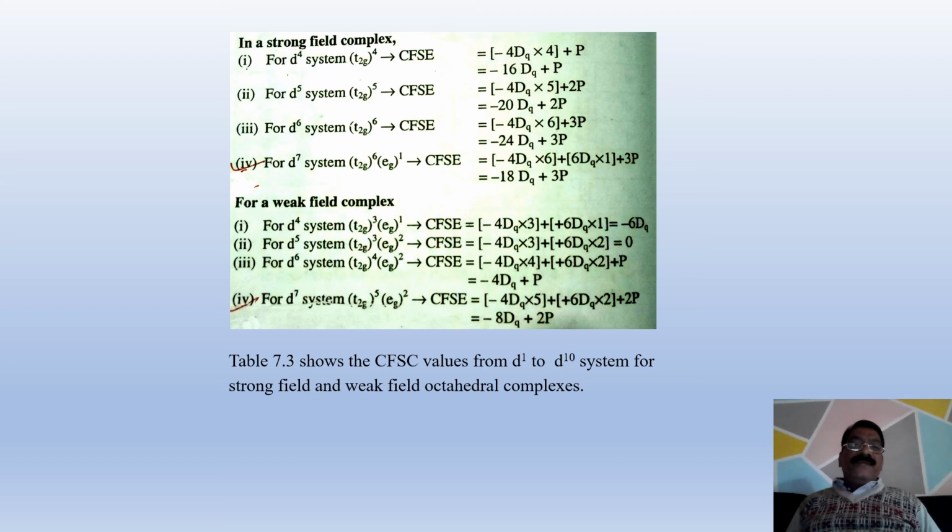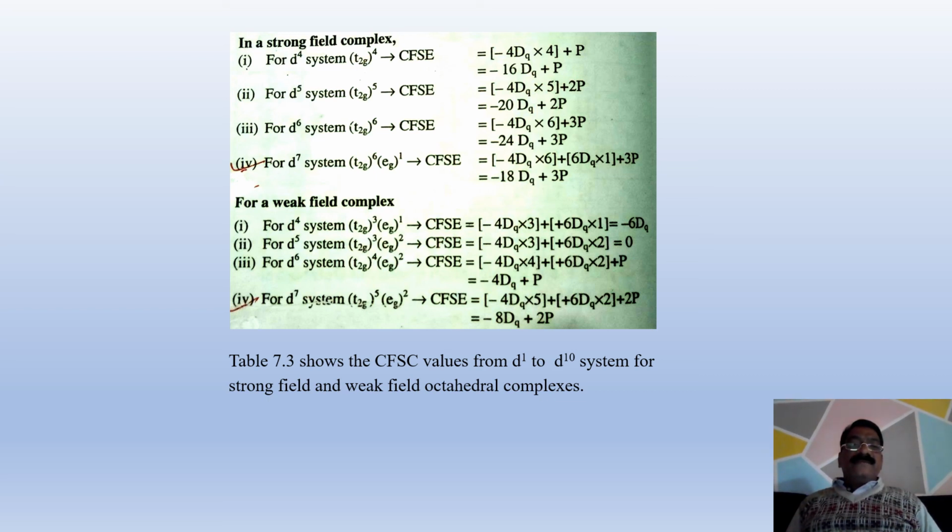And for the weak field complexes, for the d4 system the electron configuration is t2g3 eg1, CFSE is minus 6 Dq. D5 system, t2g3 eg2, CFSE is 0.